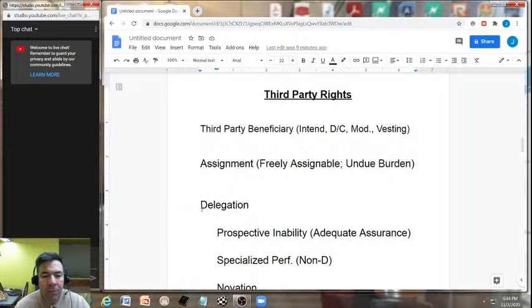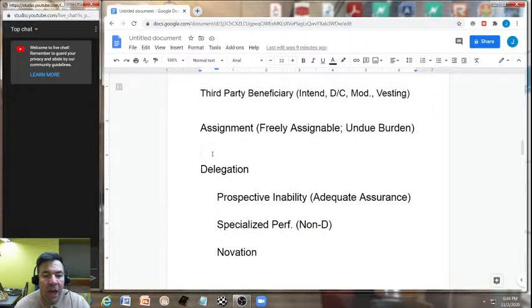Now, delegation of the performance, we're looking to see, after the delegation of the performance, has there been a prospective inability situation, prospective inability of performance, that has possibly been given adequate assurance by the new performing party to the party who was one of the original contracting parties, and then the party to receive performance.